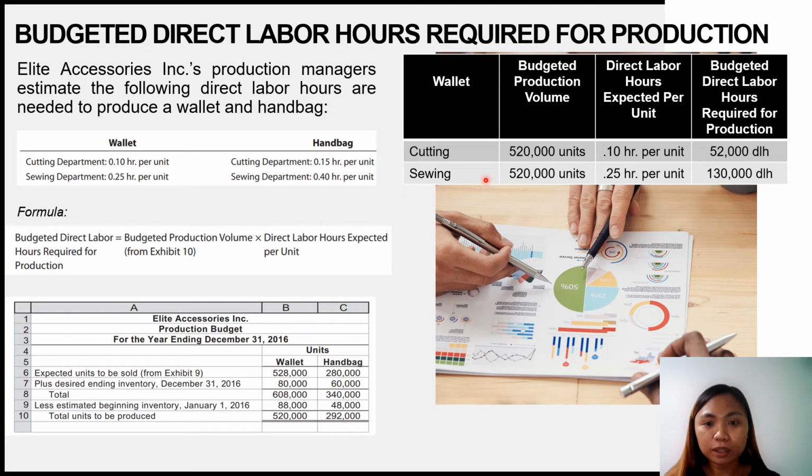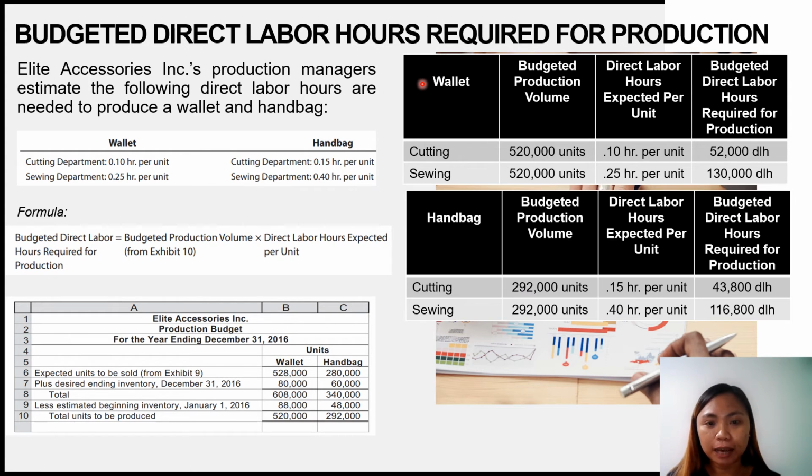For the sewing department, 520,000 units times 0.25 hour per unit is equal to 130,000 direct labor hours. So this means that 130,000 direct labor hours in the sewing department is needed to manufacture 520,000 units of wallet. The same goes for the computation of the handbag.